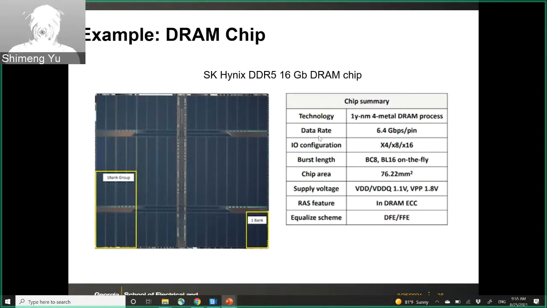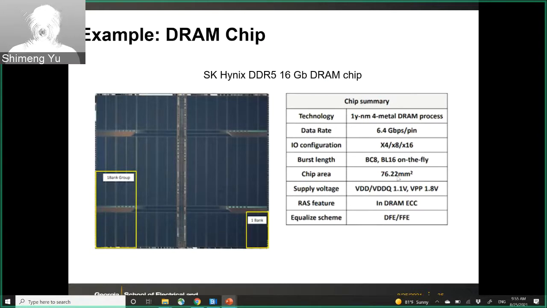So here the data rate is 6.4 gigabit per second per pin. This is the I/O data transfer rate from the DRAM chip. And then for the I/O configuration, you can pass 4-bit, 8-bit, or 16-bit at one time.